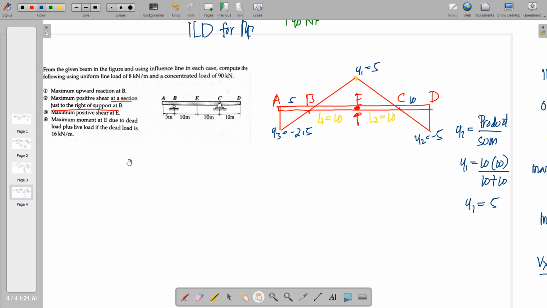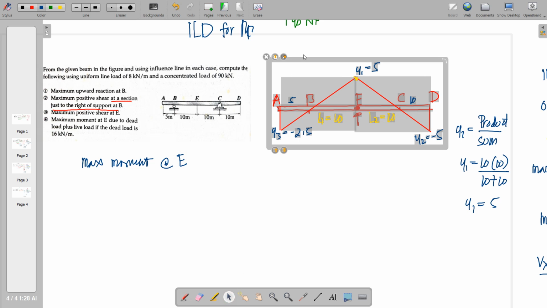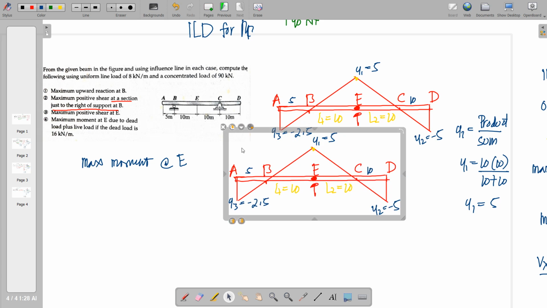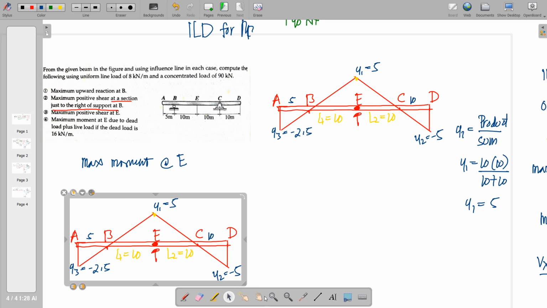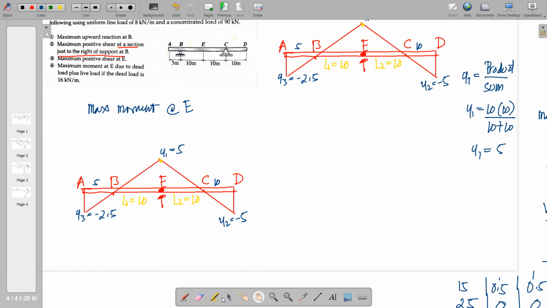So given the dead load is 16 kilonewton per meter, let us compute for the maximum moment at E. And basically we'll be considering two approaches for live load and for dead load.